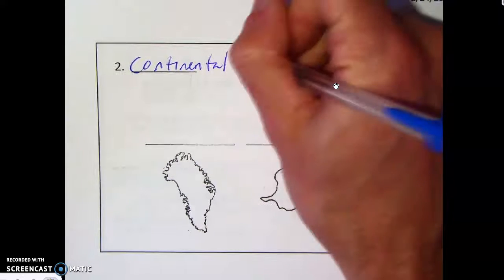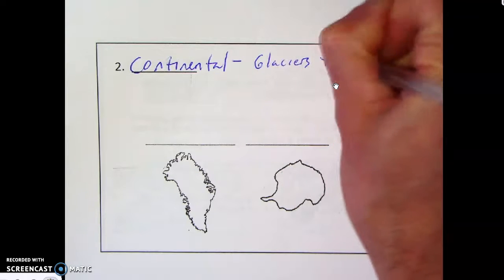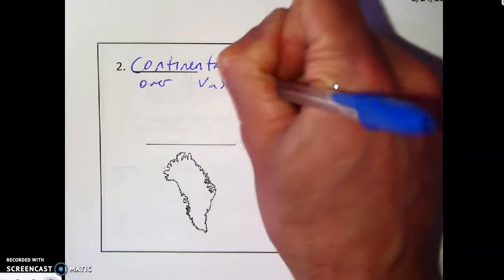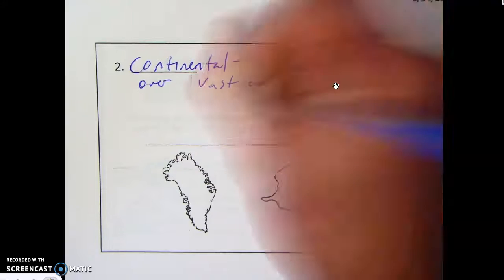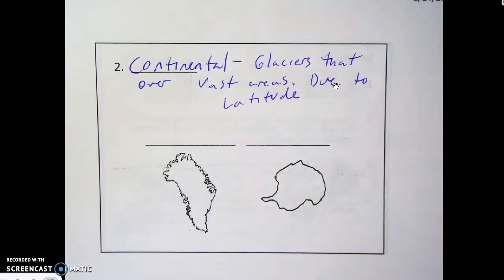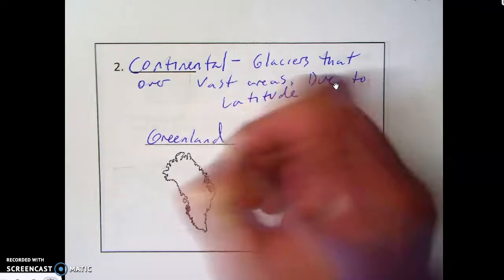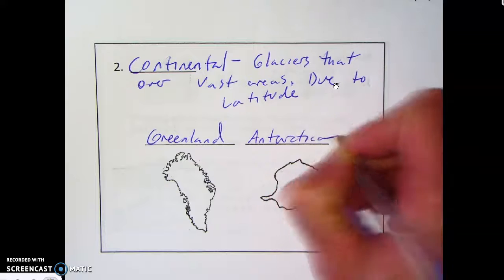And these are glaciers that form over vast areas, large areas. And this is due to latitude. So now we're not talking about cold due to elevation. We're talking about cold due to latitude. We're talking now about places like Greenland, places like Antarctica, right?